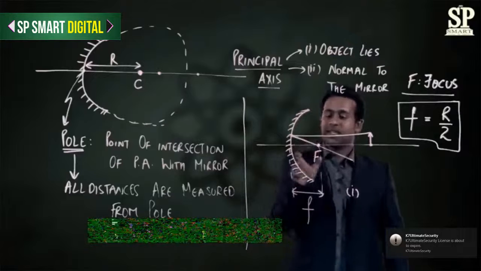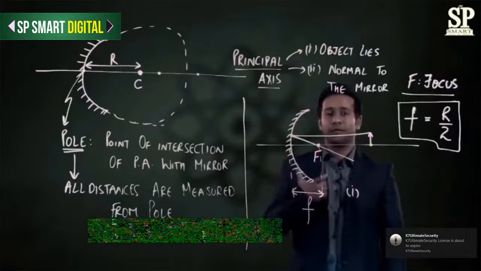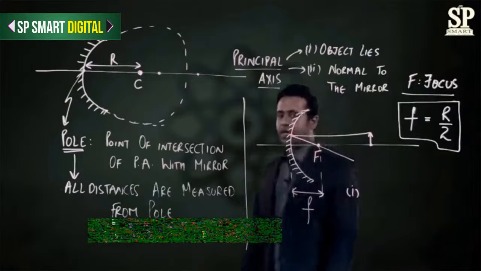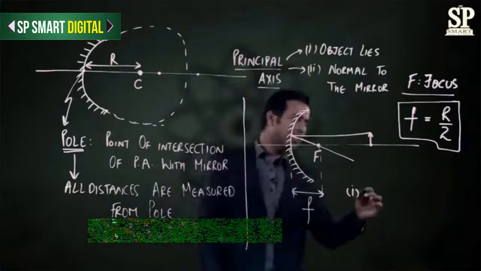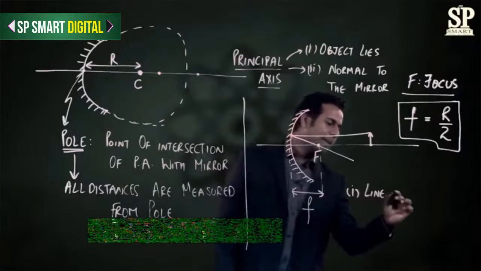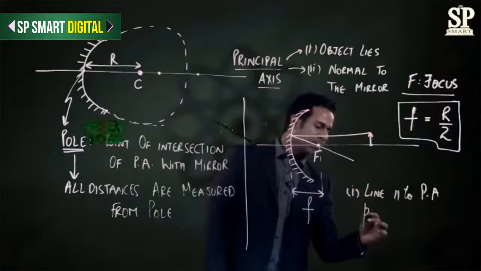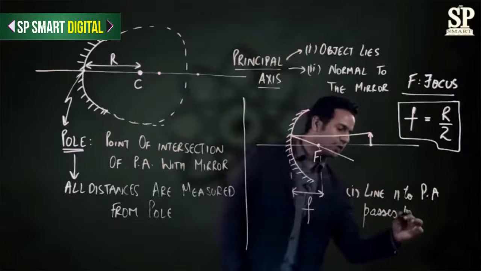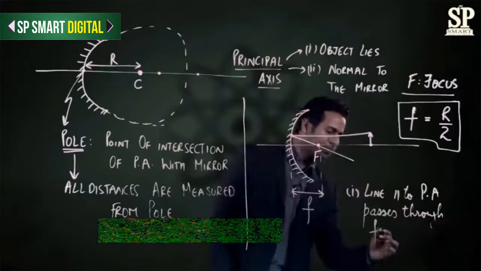So, we measured the distance of the focus from the pole and we've named it as the focal length. Right. So, the first property is that any line which is parallel to the principal axis passes through the focus.